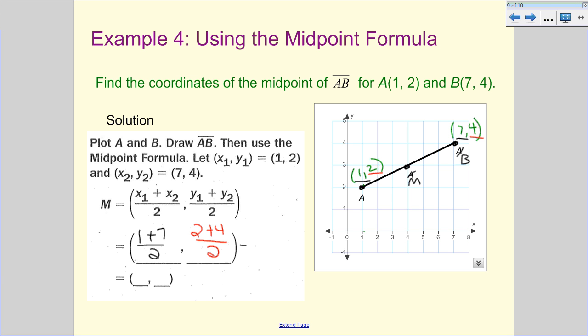If you want to take that out, guys, this is 8 over 2 and 6 over 2. Do the addition first. So we get 4, 3. And if you look at where this point M is at, it is at 4, 3. All right, so you're taking x1 plus x2 divided by 2, y1 plus y2 divided by 2.